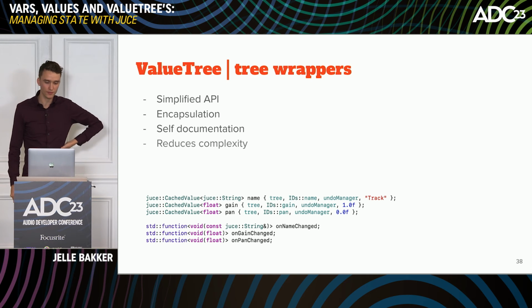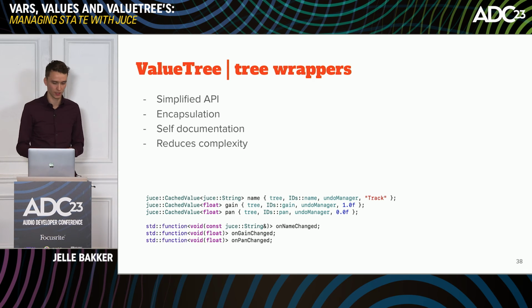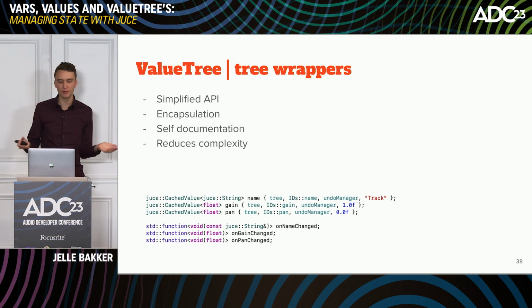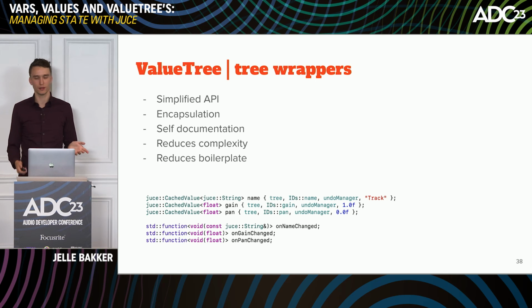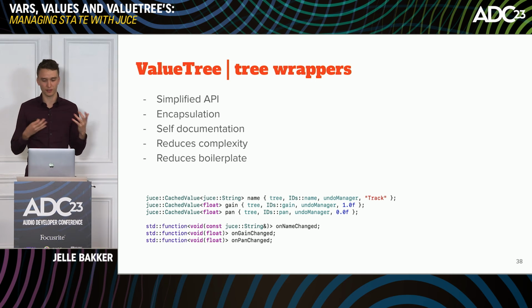It reduces complexity massively because all your complexity is now moved into this wrapper class, into the cached values. So there is still a sort of complexity, but it's all in one place. And it also reduces boilerplate because you don't have to do all this extra code outside of your wrappers in your GUI.